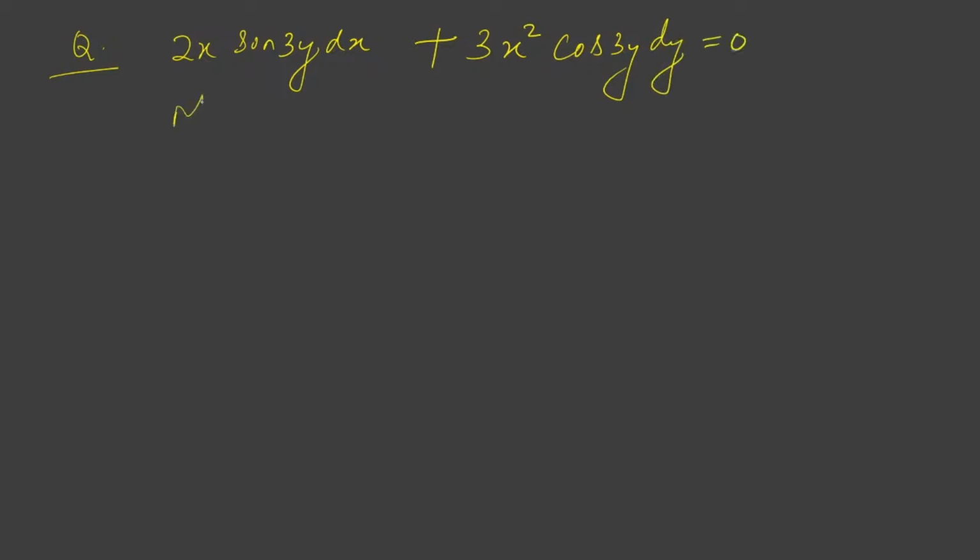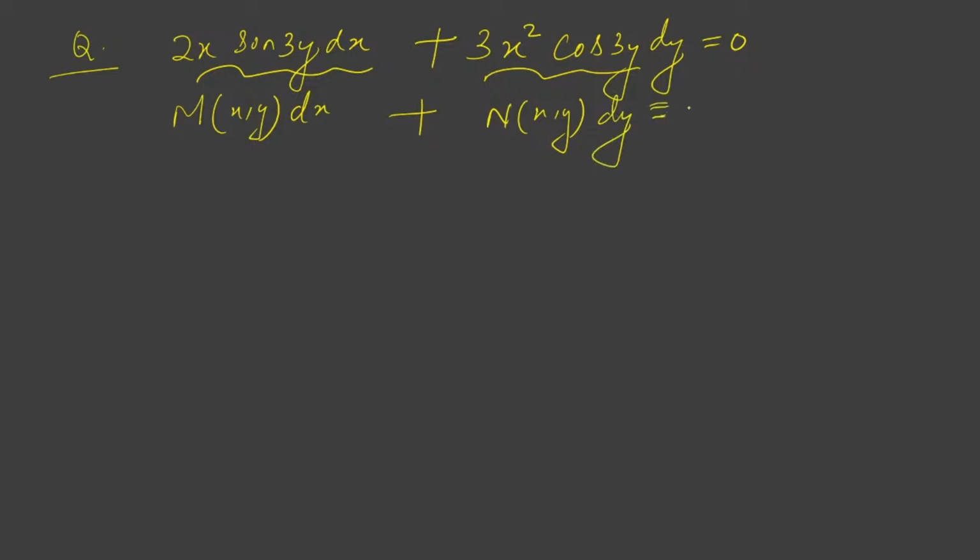So again this equation is of the form m of xy dx plus n of xy dy is equal to 0, right? So how to see whether it is an exact equation or not? We check whether del m by del y is equal to del n by del x.